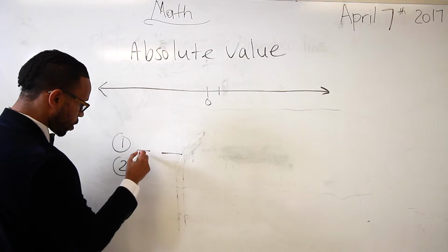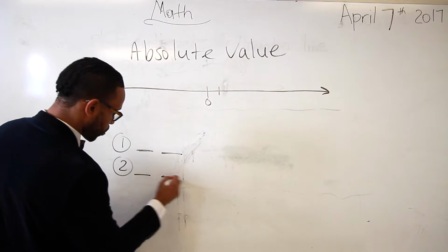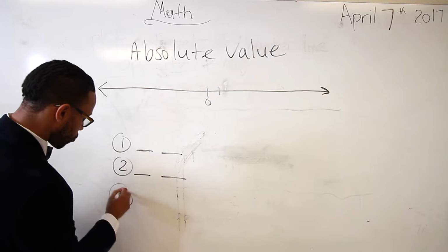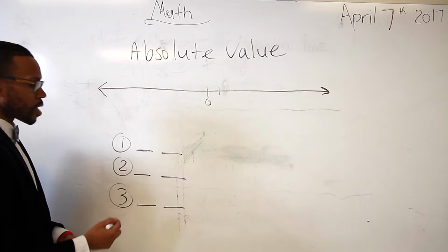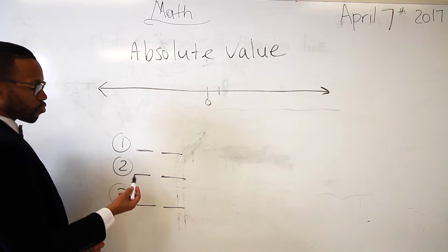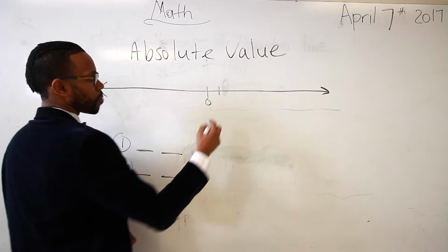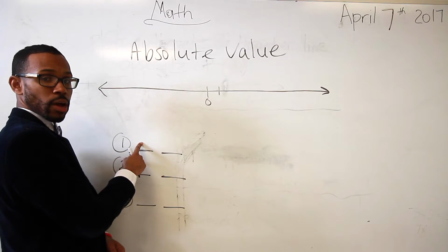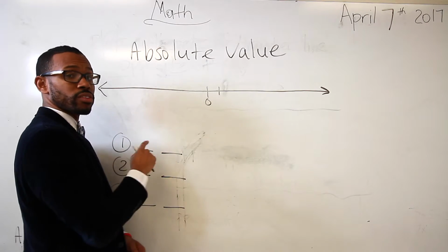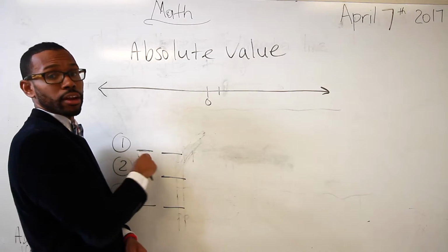Problem number 1 had 2 spaces, problem number 2 had 2 spaces, and 3 had 2 spaces, and so on. You were supposed to, for each one, tell me what the number was that was plotted on the number line, and then what was the absolute value of that number.